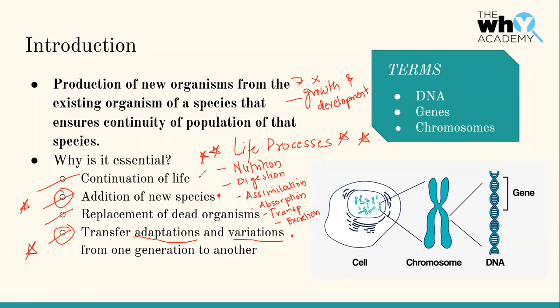So continuation of life: you would like your species to continue to exist, and not be wiped out completely. Addition of new species generally occurs when there is a variation or a mixture of genes. That's how evolution actually happened.